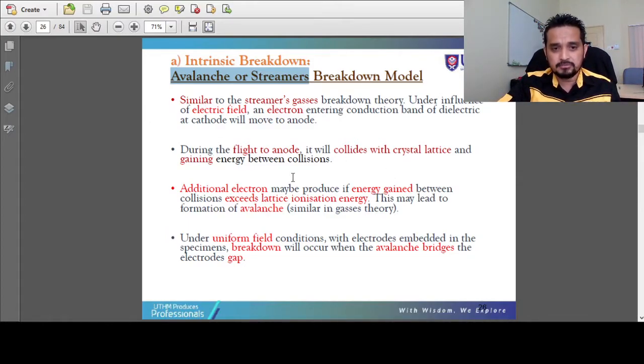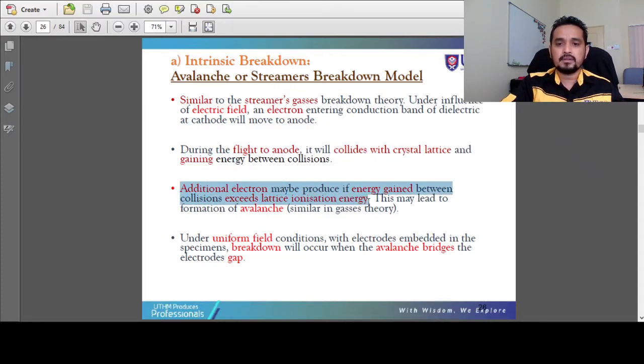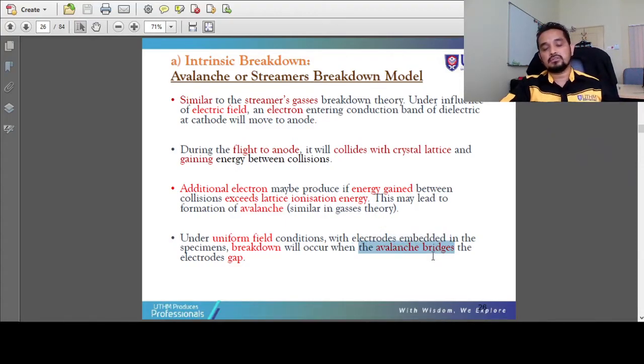Okay, you can read the explanation here. During the flight to the anode, for example, it will collide with the crystal lattice, gain enough energy, and additional electrons will lead to the avalanche effect. Similar to the gas theory, right? So even under a uniform field with electrode embedded, the breakdown will occur and the avalanche will bridge the electrode gap.